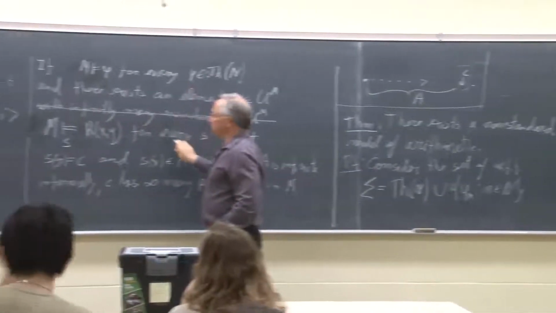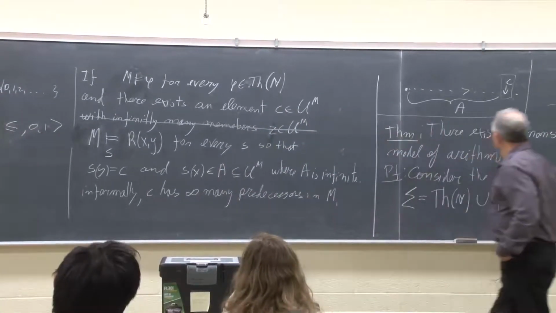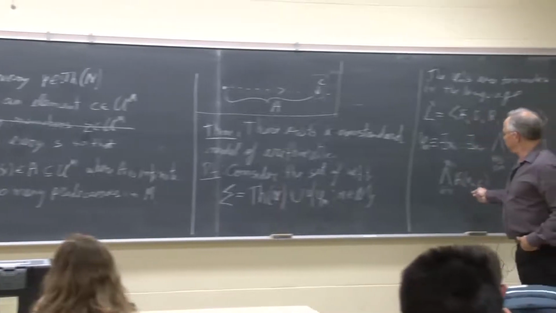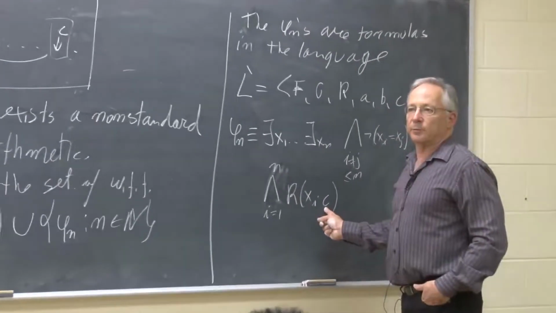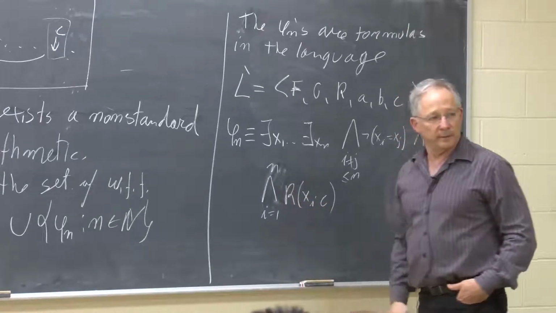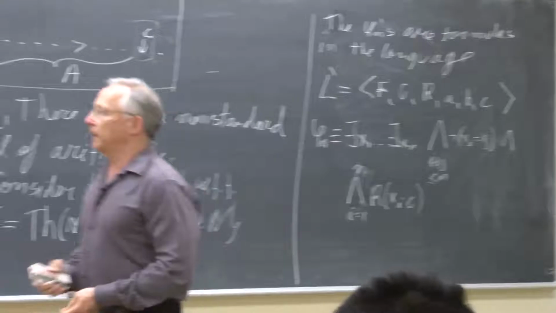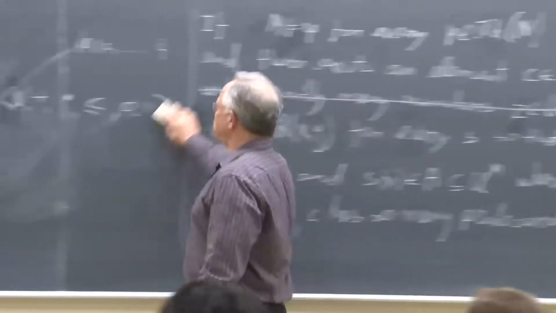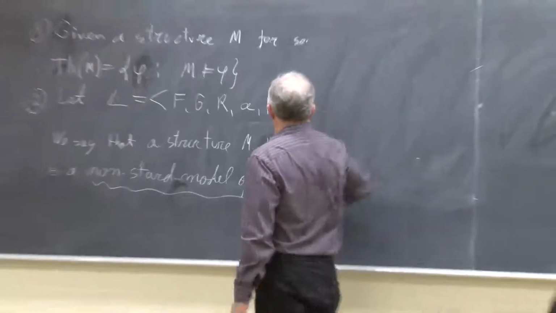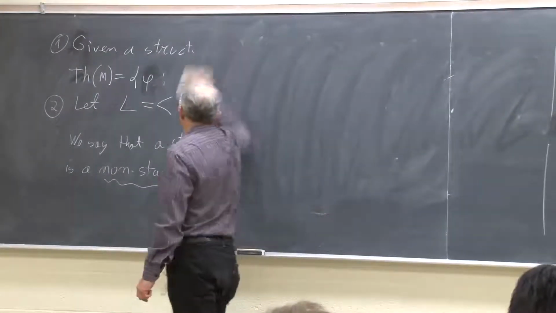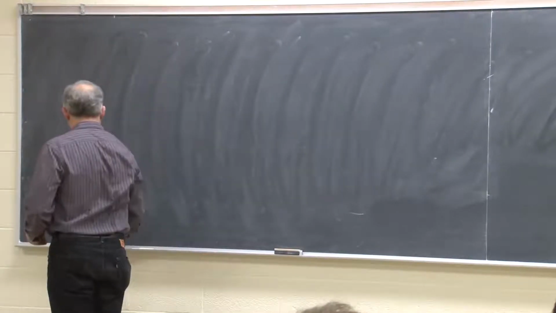And it also meets the second requirement of being non-standard because this element, the interpretation of the element c in the structure, will have infinitely many predecessors with respect to R. Okay, so the next observation is that, let's write it like this.